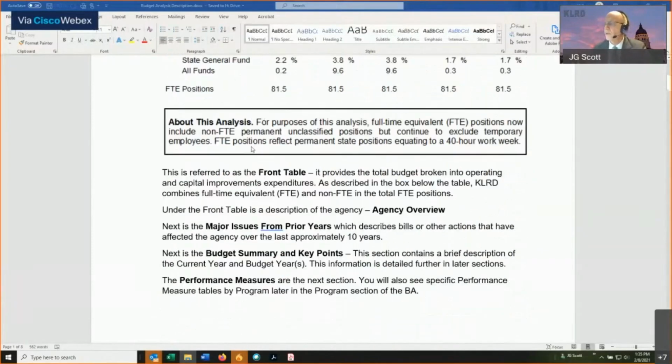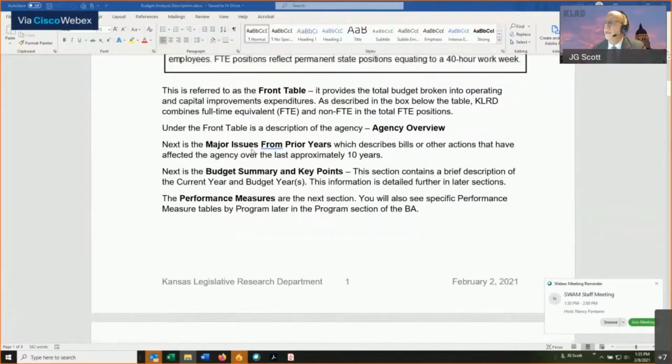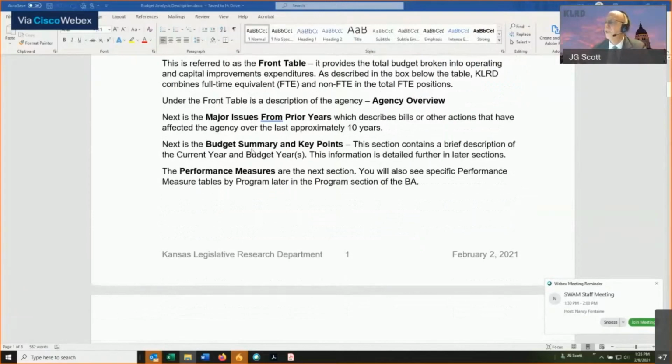When we look through the document, after the front table, there'll be a major issues. There's also a brief overview of the agency.